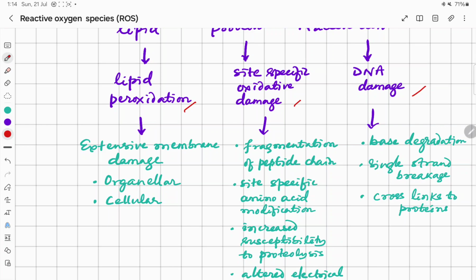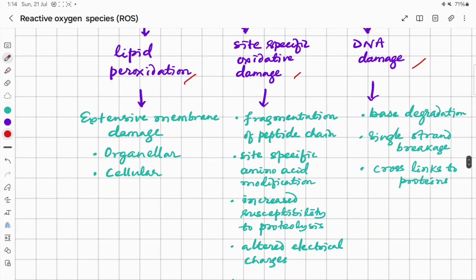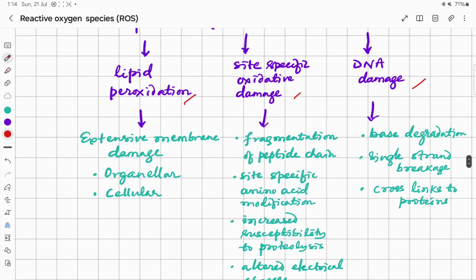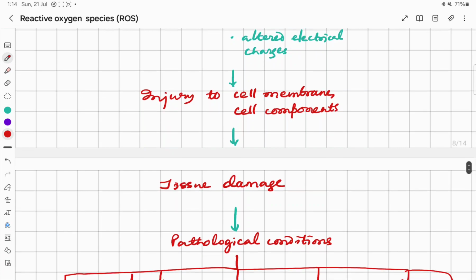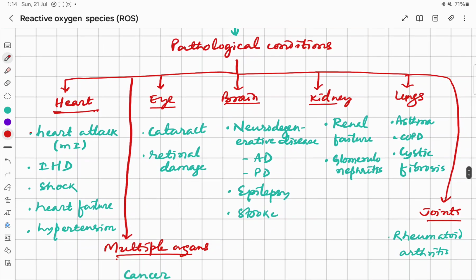Due to site specific oxidative damage there can be fragmentation of the peptide chain, site specific amino acid modification, increased susceptibility to proteolysis, altered electrical charges. And because of DNA damage there can be base degradation, single strand breakage, cross links with proteins. So all these cause injury to the cell membrane and cell components. There will be tissue damage, there will be pathological conditions.